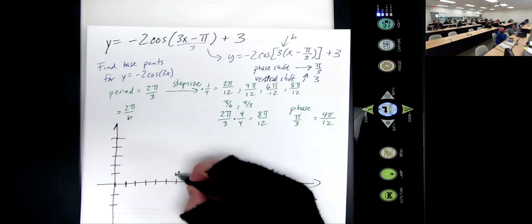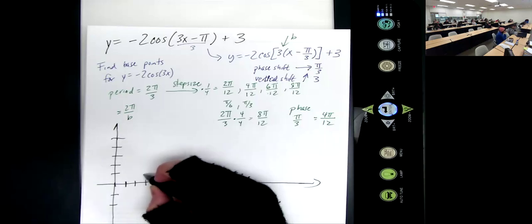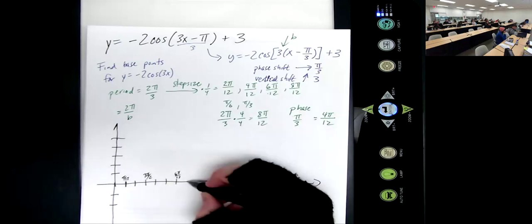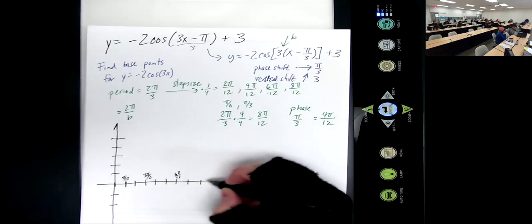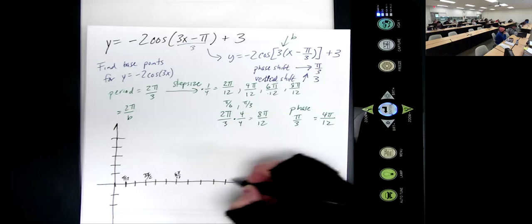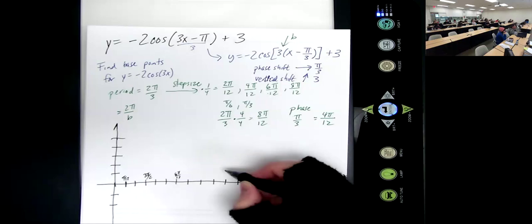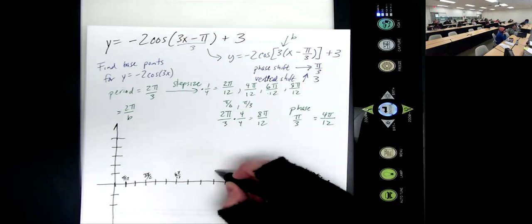This will be 6 pi/12. That's 3 pi/12. Pi/12. 7, 8, 9, 10, 11, 12. 12 pi/12. And that one would be 9 pi/12.